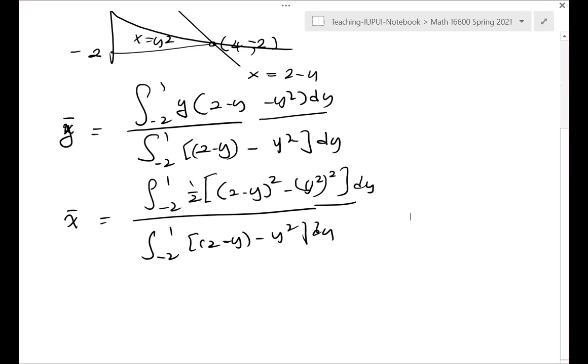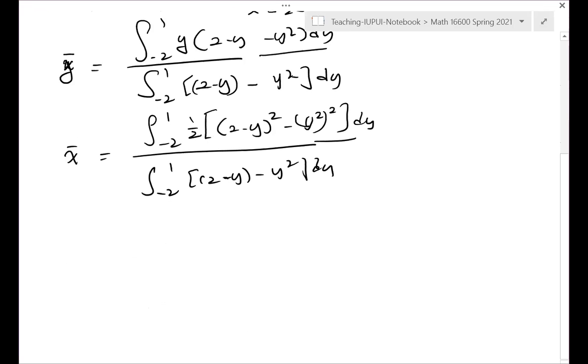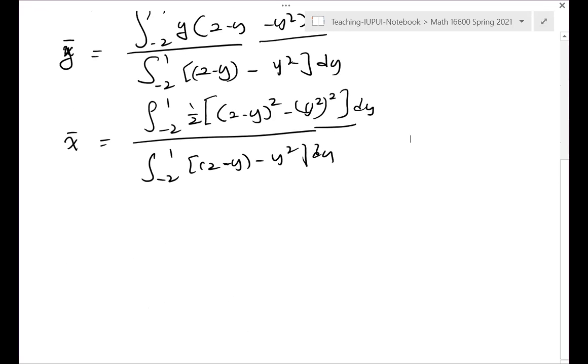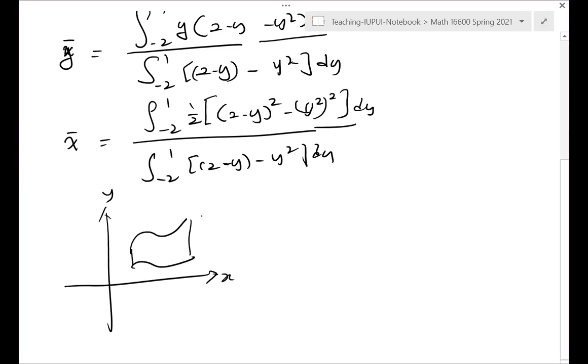Okay, so there are two types of formulas. If you really just want to memorize the formula, that's fine. One is we use this function: the region is given by two functions, y equals f of x, y equals g of x, from a to b, right?